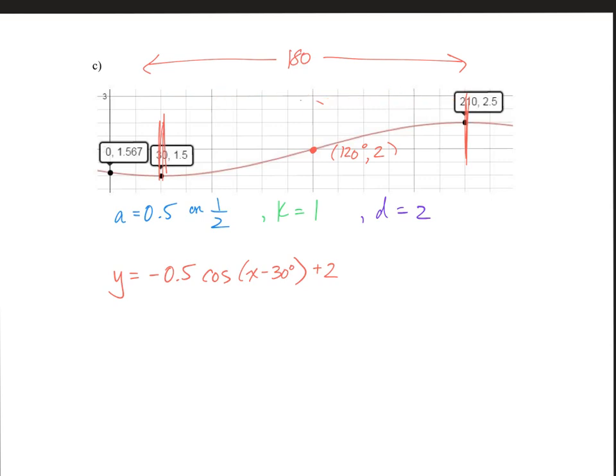So for me to then be able to go through and build my sine curve, as I clean up that graph a little bit, knowing the coordinates of that 120 are going to tell me that then I could build my 0.5 sine. I shift it to the right 120 degrees to get to my starting point.